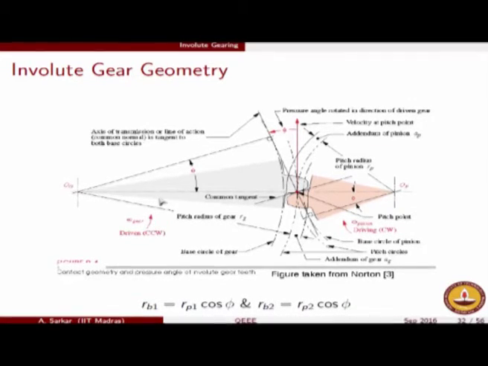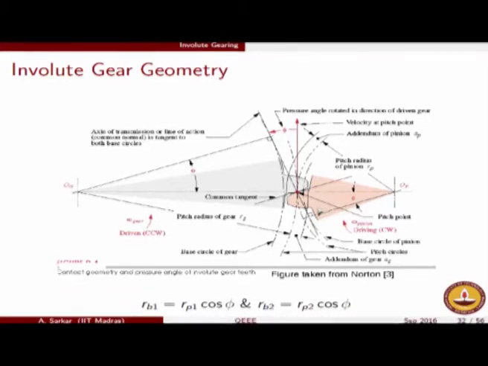Here you see two involute gears meshing. As we said, the force that is transmitted between the gear tooth pair will be along the common normal, at least if it is sliding frictionlessly.